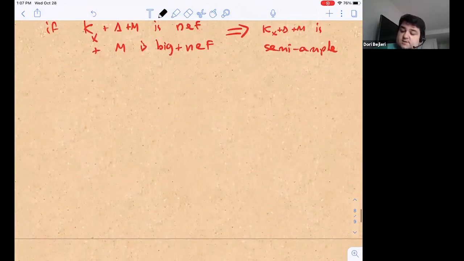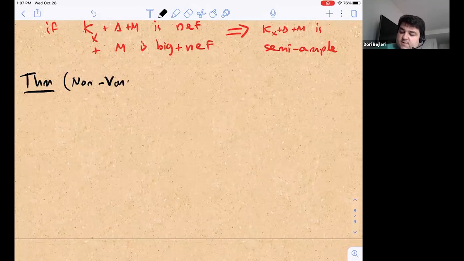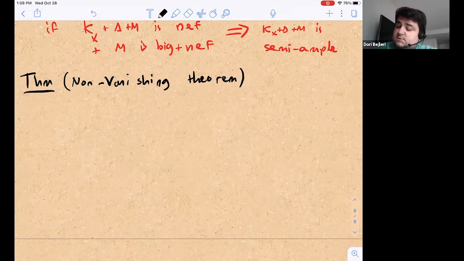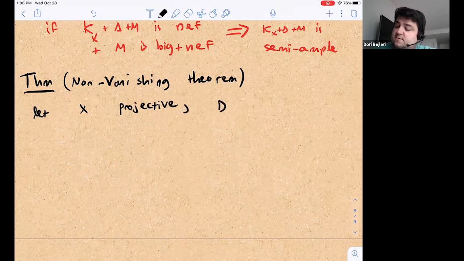Then we have the non-vanishing theorem. And we proved some kind of non-vanishing theorem in the case of surfaces. So let's say X is projective, and D is nef.